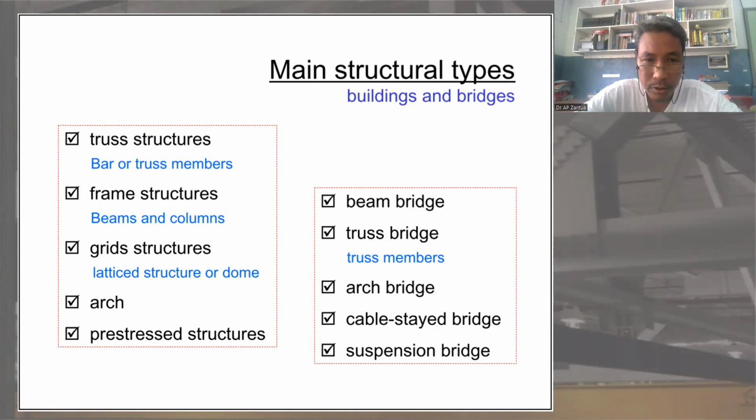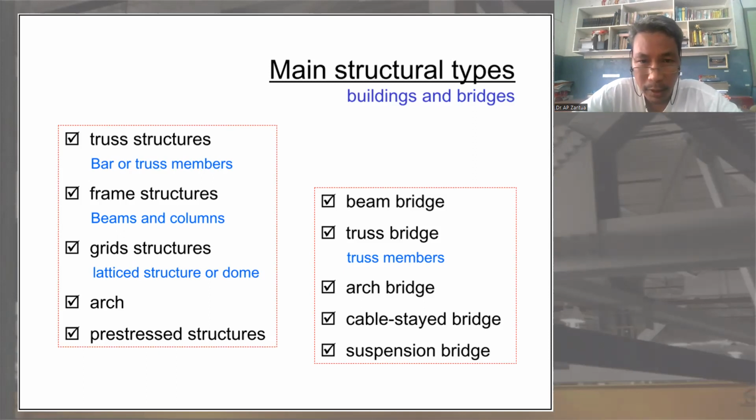We have frame structures using beams and columns, grid structures or latticed structures or domes, which are somewhat similar to trusses, but there is a particular difference: lattice is analyzed in 3D rather than 2D. Then arch, and lastly, pre-stressed structure, which we only explained, but we will tackle as a separate part in this course.